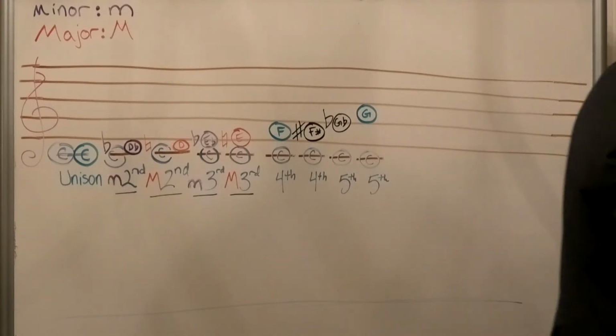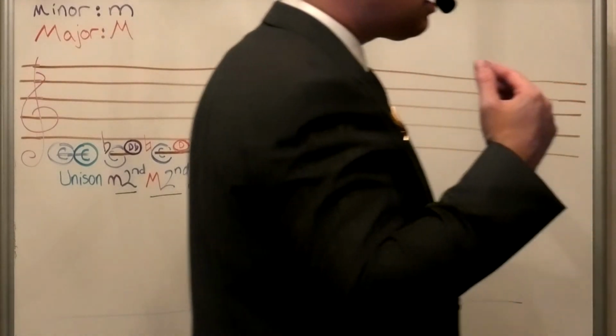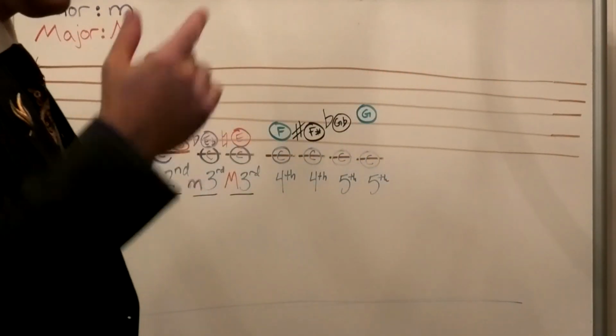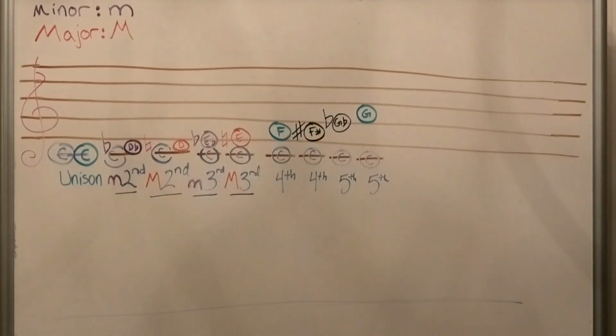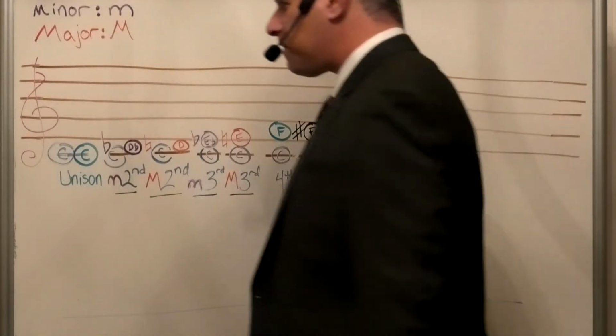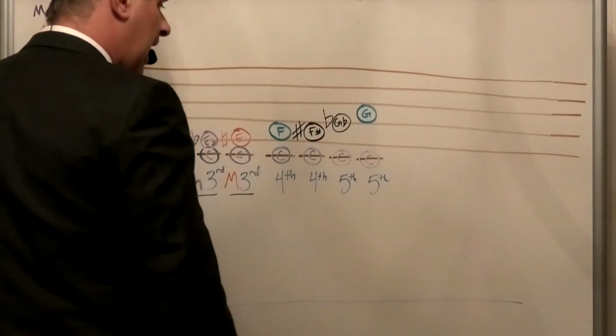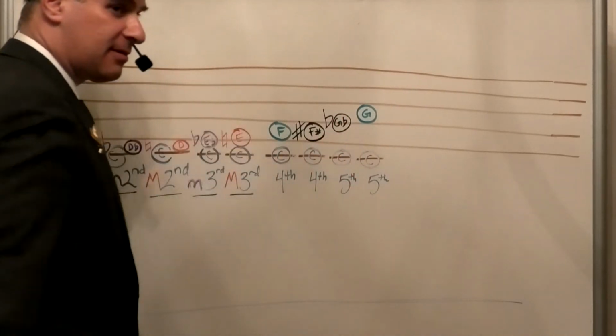So if I do a portamento, there's 100 cents in between a half step, in between two tones. So the F sharp is actually higher than the G flat.